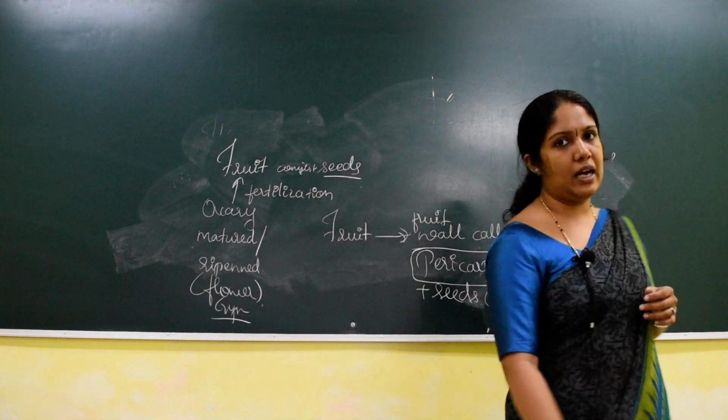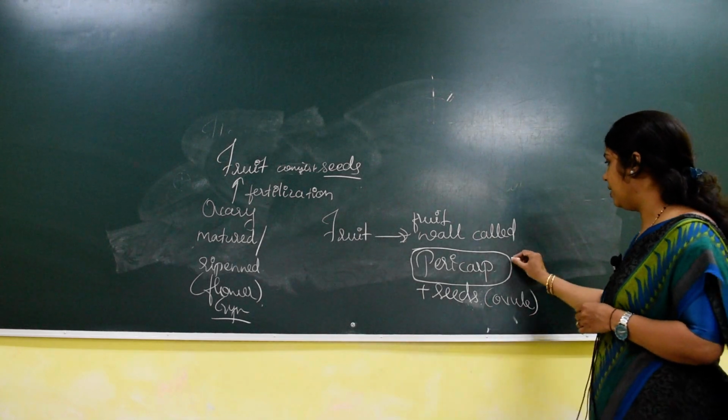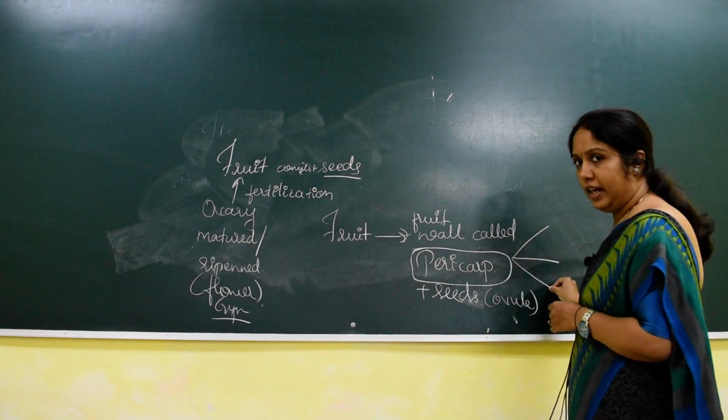Now what is this pericarp made up of? The pericarp is differentiated into three layers.